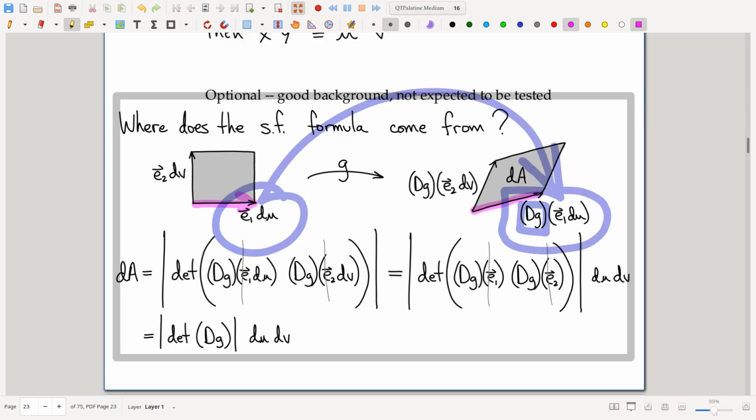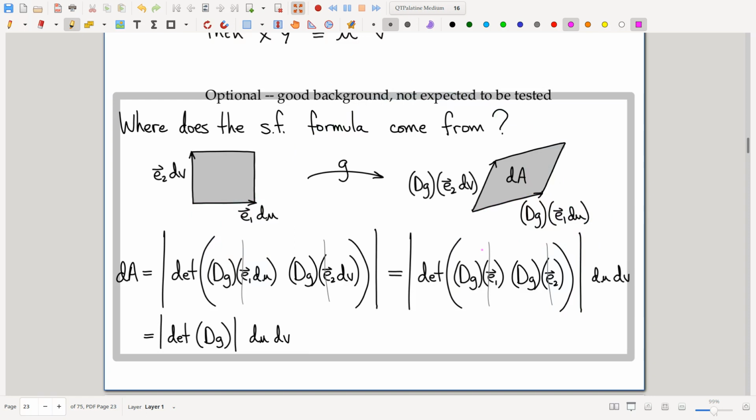Its image is going to be that edge, so its image is going to be the derivative matrix times E1 du. Right, so let's just flash back to chapter 2. Chapter 2 turns input vectors into output vectors. So you do that for both sides.